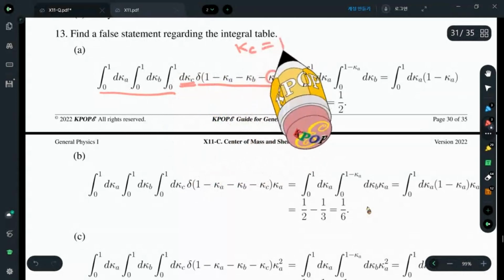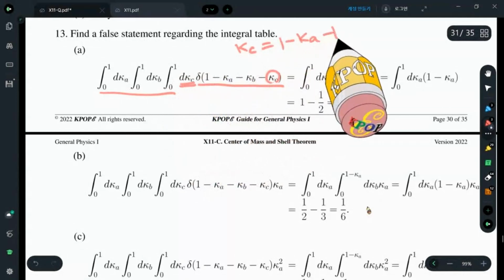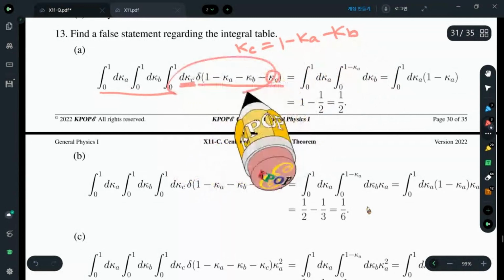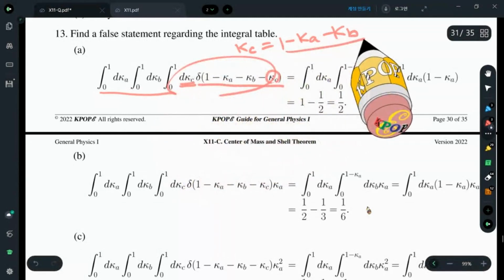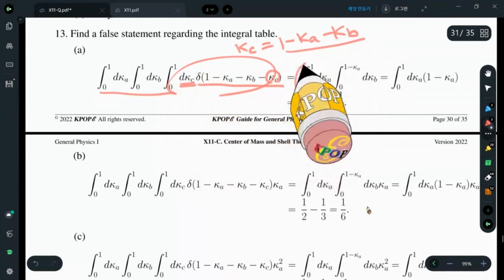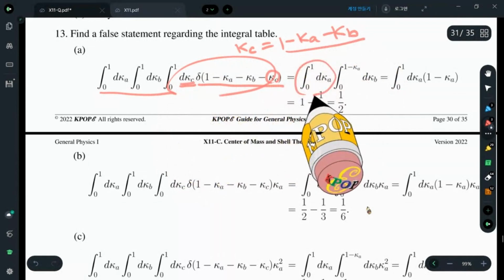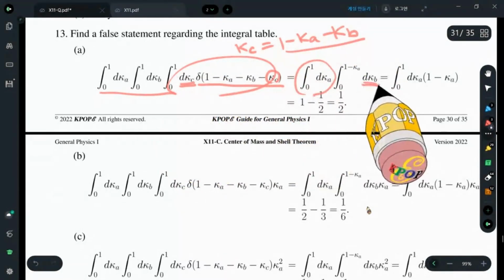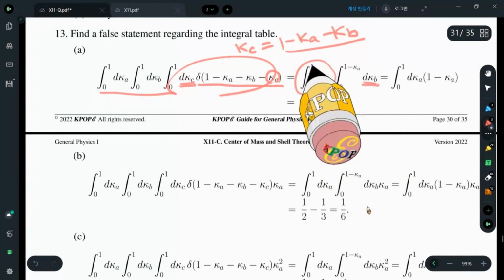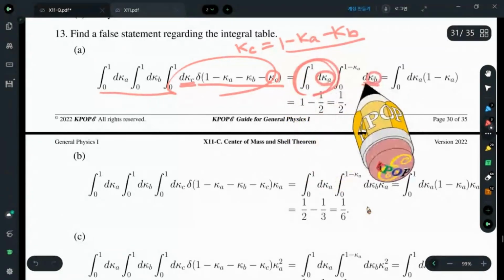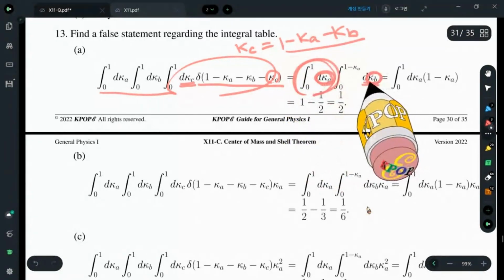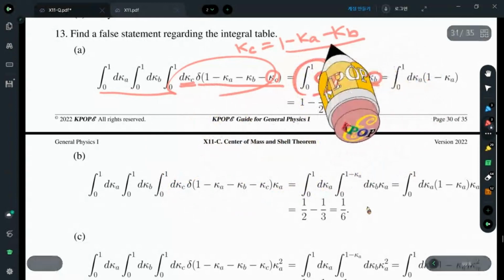Kappa C is 1 minus kappa A minus kappa B, this replacement. However, there is no place to substitute it here. So it is nothing but this, except that the kappa B integral is not over 0 to 1, because the sum of kappa A, kappa B, and kappa C is 1.